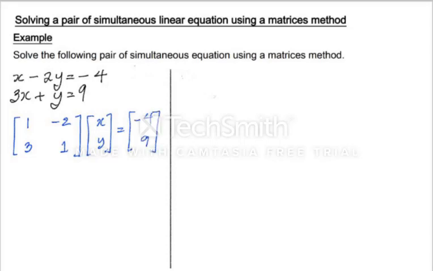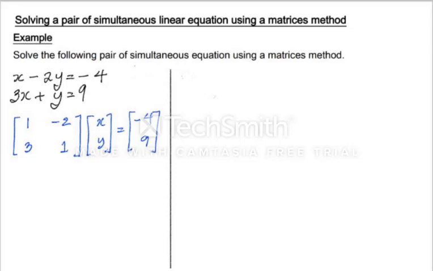All right, so I didn't introduce anything new. The first matrix is called, I think, the coefficient matrix, and how I got it was I simply took the coefficients of x and y to form it.